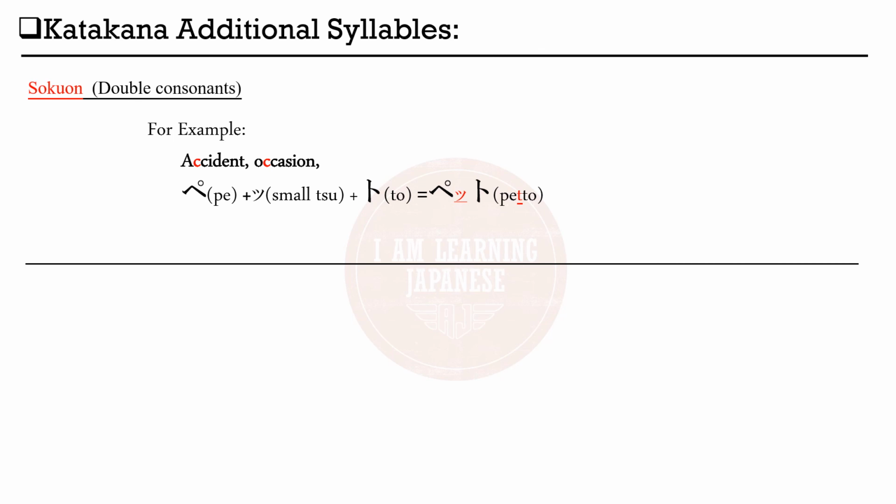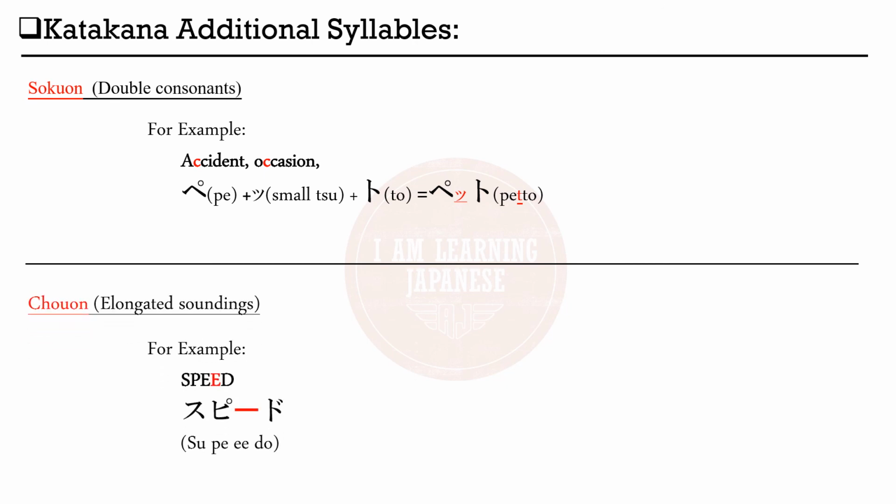In the example, pe plus small tsu plus to should be pronounced as petto. Please make sure that if you are not stressing, and instead use a normal tsu, it might give some other meaning. So you should give the right stress, by which you will get the right meaning, petto. So this is Sokuon, or double consonants.